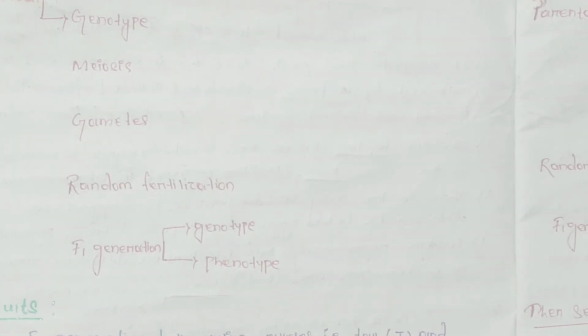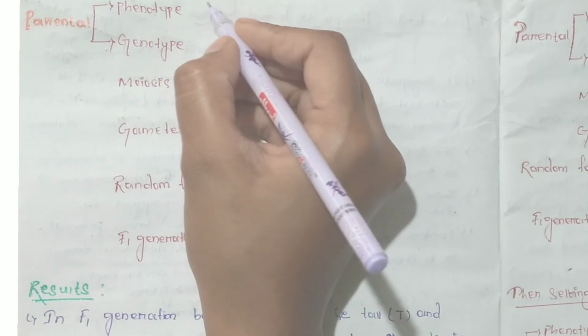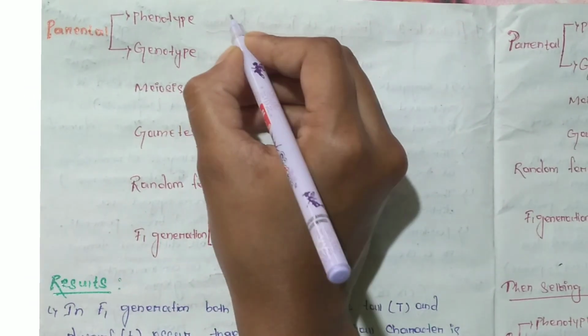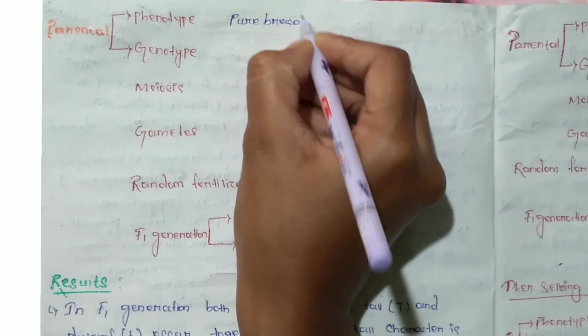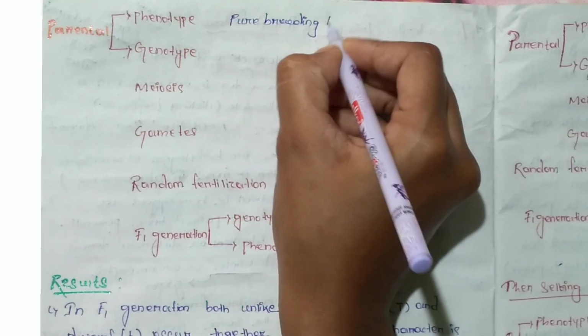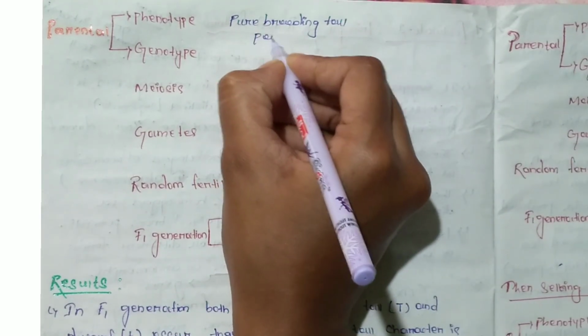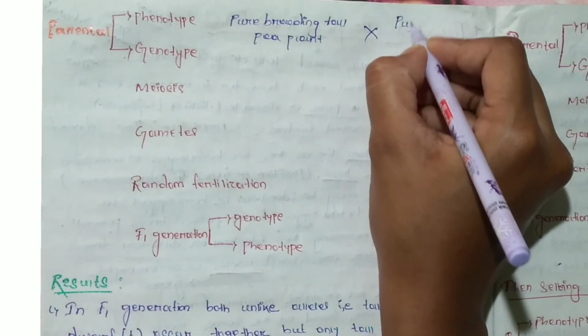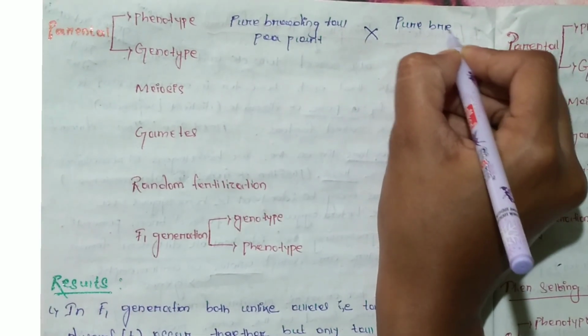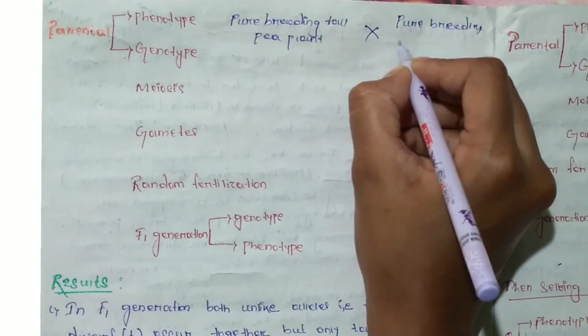Here is the flow chart representation of the principle of dominance. First, the phenotype: we take a pure breeding tall pea plant and cross it with a pure breeding dwarf pea plant.